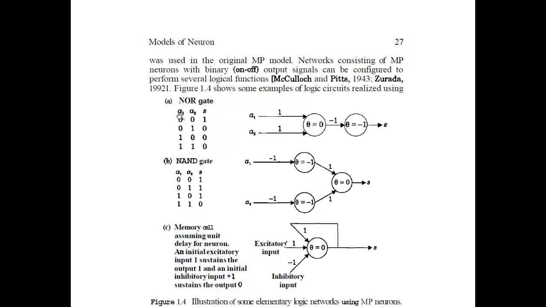So here you have two inputs A1, A2, and the output over here is S, and all the possibilities, that is 0,0, 0,1, 1,0, 1,1 are being implemented so as to get the required outputs. So here the inputs are being taken and here it has been summed up, and here you get it inverted and here you get your output.